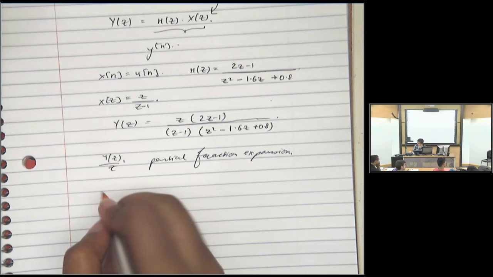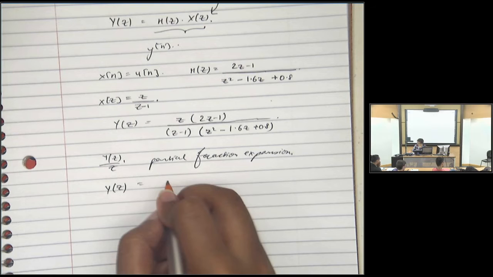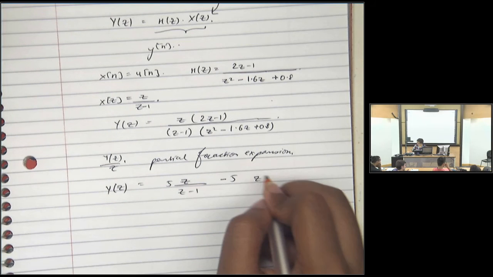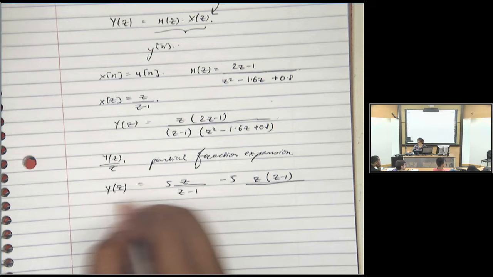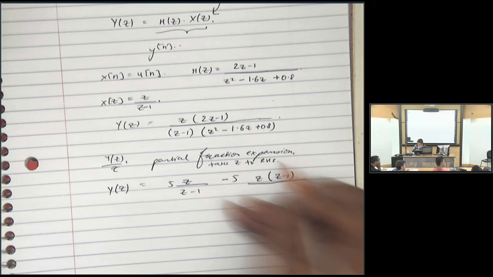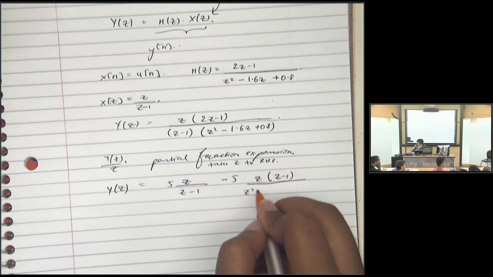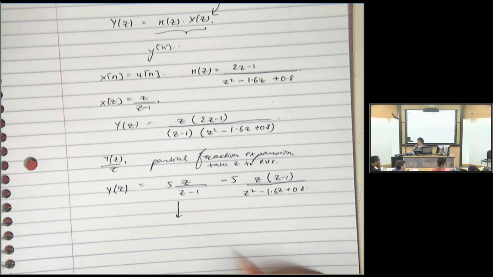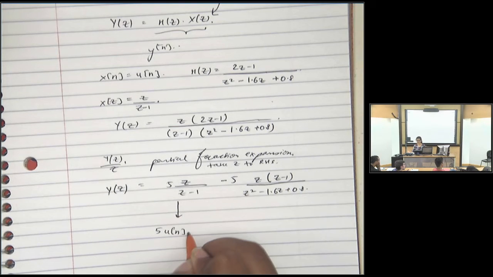Once we've done the partial fraction expansion, we have Y(z) equal to 5z over z minus 1 minus 5z, and we take the z to the other side, and then we have over z squared minus 1.6z plus 0.8. We know the inverse z transform of this thing. What is it? Correct. Good job.